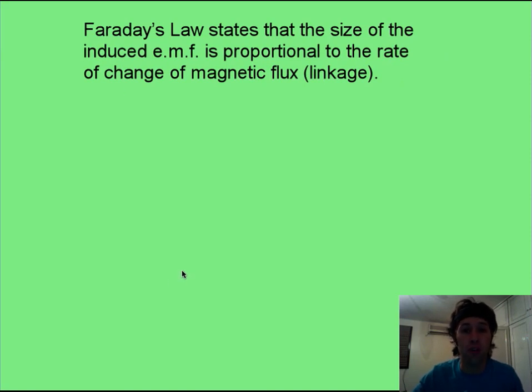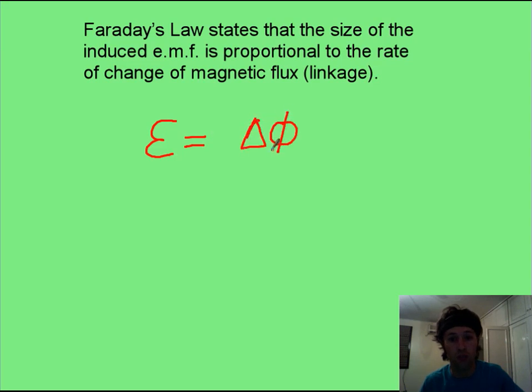EMF is proportional to the rate of your magnetic flux change. And that's pretty easy to understand in equation form, where we can say that it's proportional to our change in flux over time. But then what we can also throw in here is this N for number of coils.